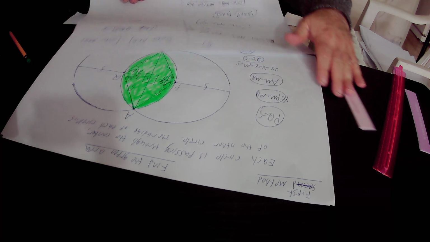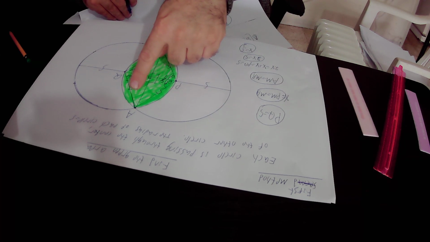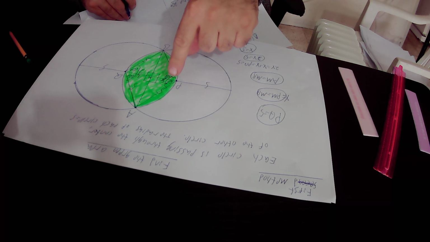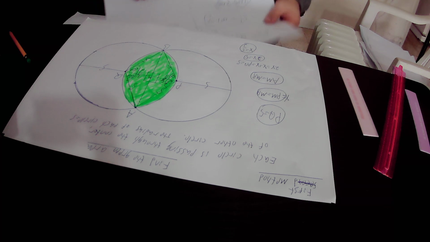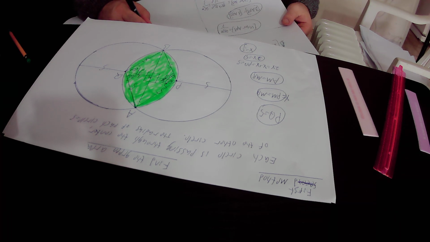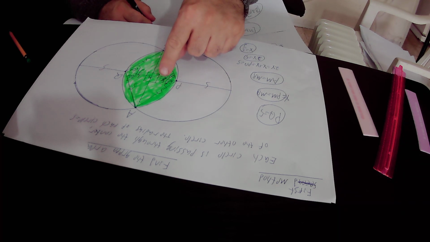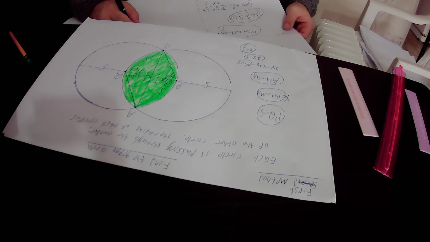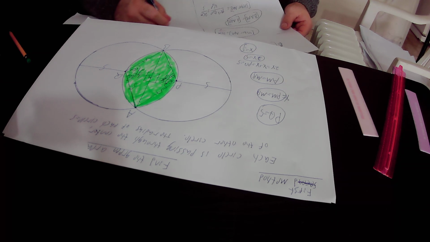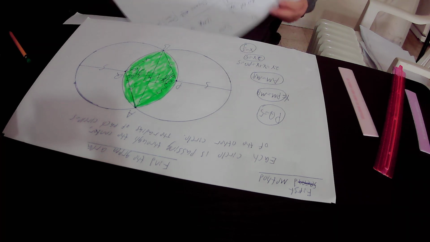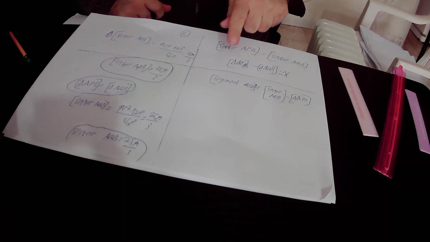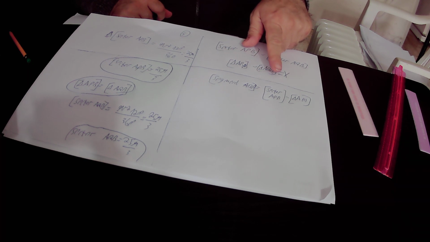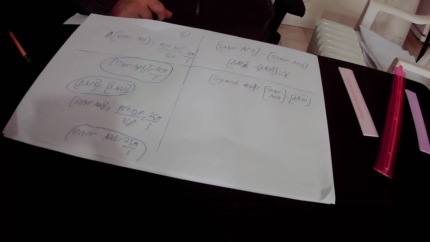This segment will be equal to the area of sector APB minus the area of triangle APB.